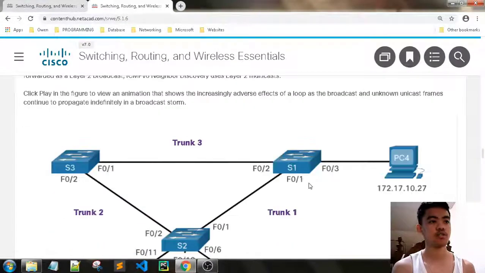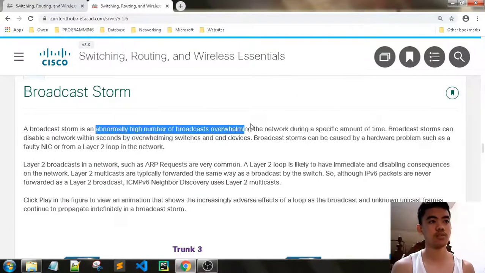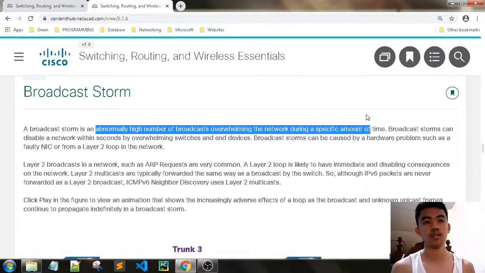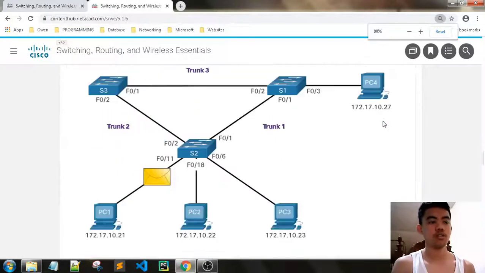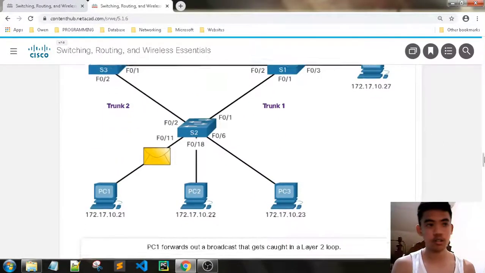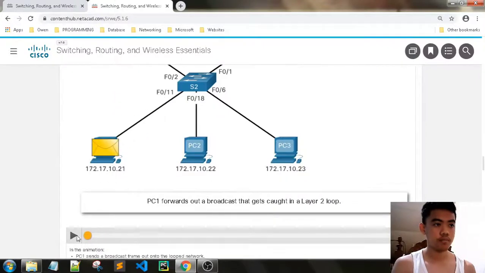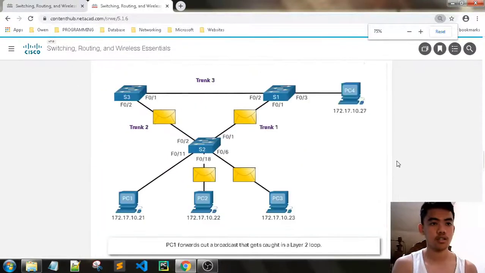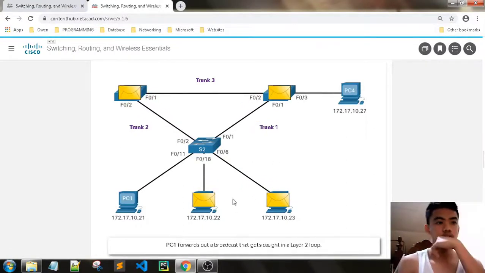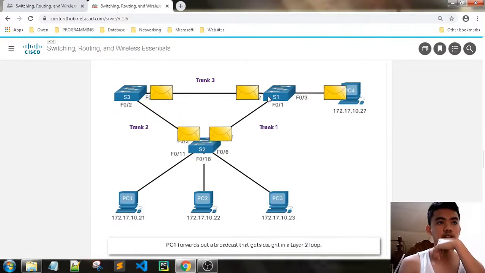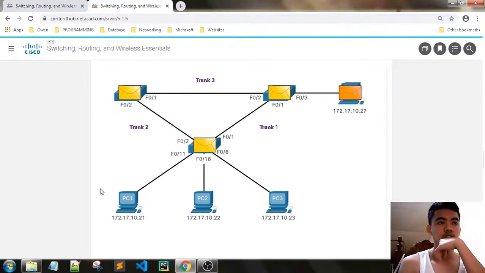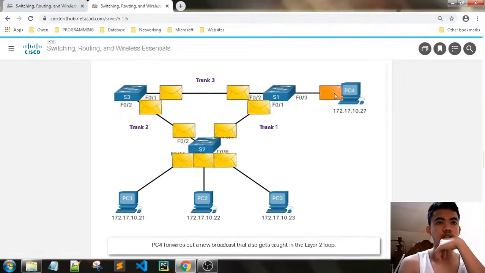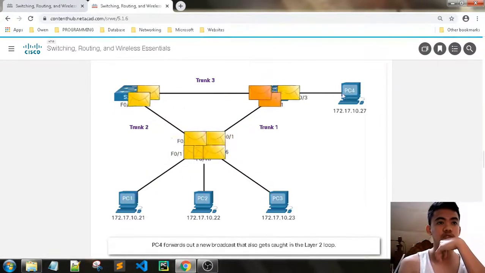Okay, broadcast storm. It is an abnormally high number of broadcasts overwhelming the network during a specific amount of time. We have here the broadcast. PC1 forwards out the broadcast. This is the broadcast frame from PC1, and this is the broadcast frame from PC4.